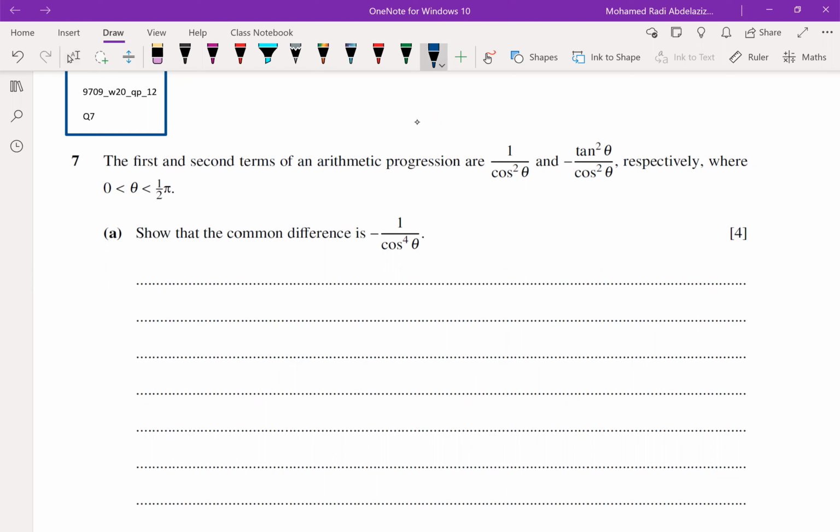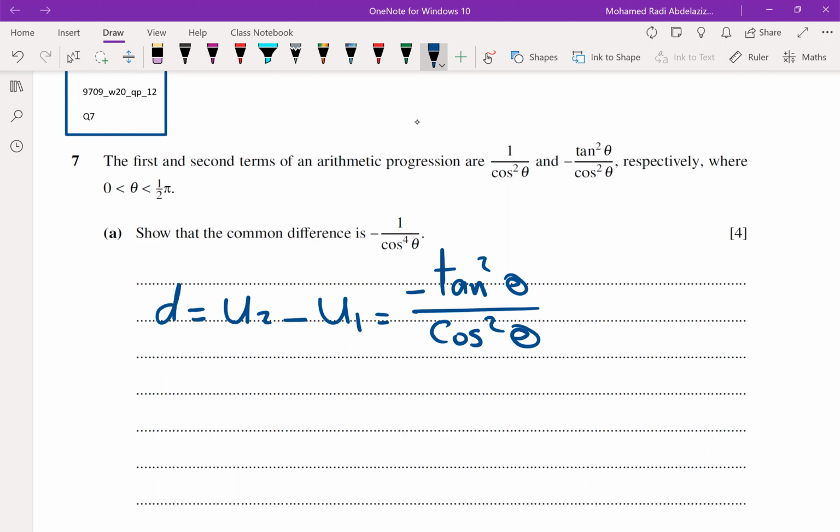Do you remember how to get the common difference? The common difference is the second term minus the first term. The second term is minus tan squared theta divided by cosine squared theta, minus the first term, 1 over cosine squared theta.